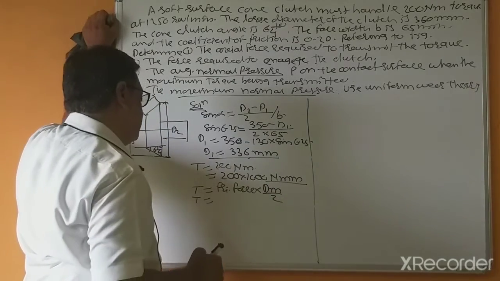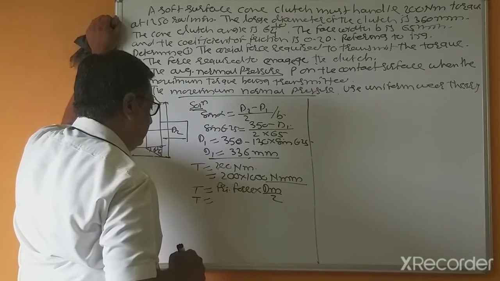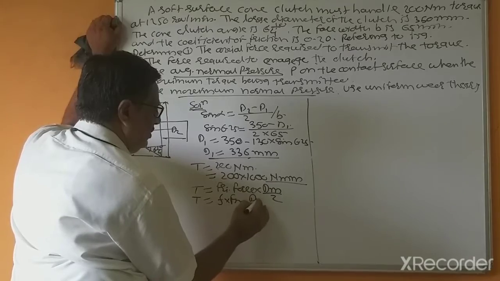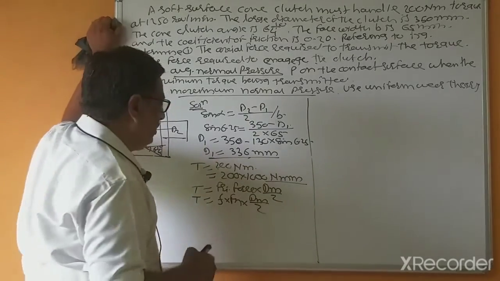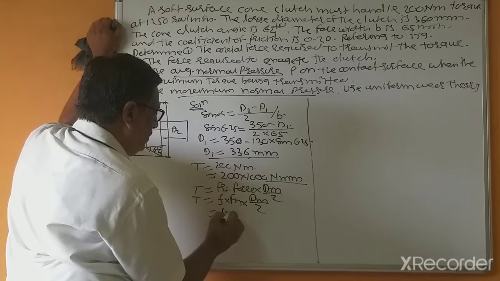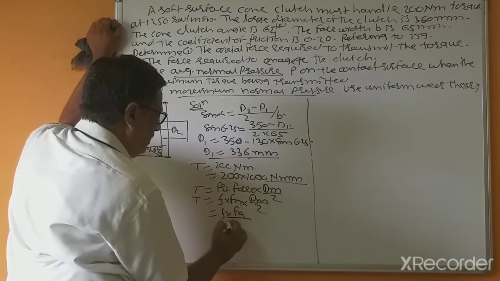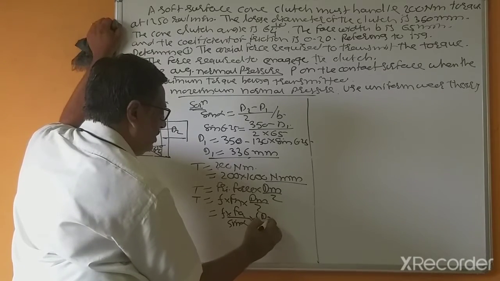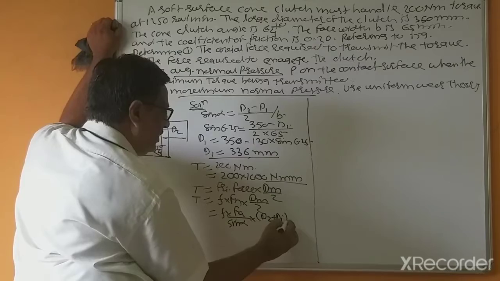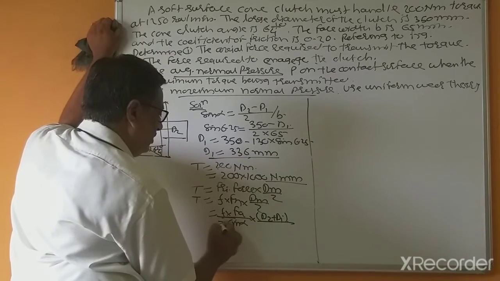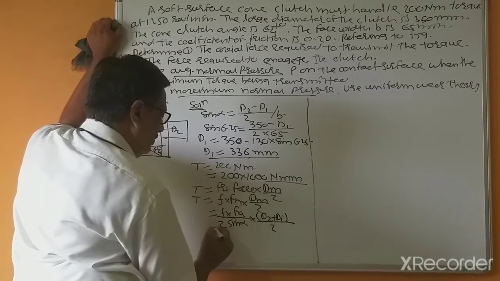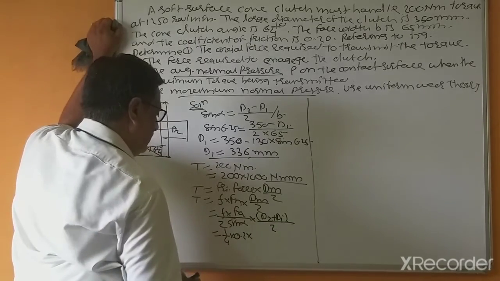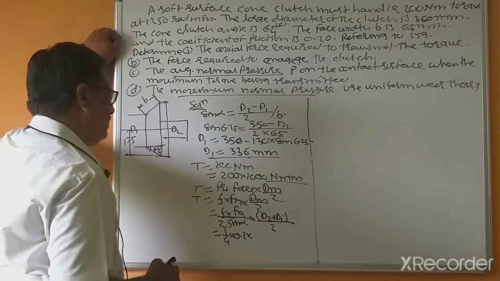Frictional force equals mu into Fn, this is the basic relation. So Fn equals Fa divided by sine alpha, and dm equals outer diameter plus inner diameter divided by 2. This is mu, 0.2.